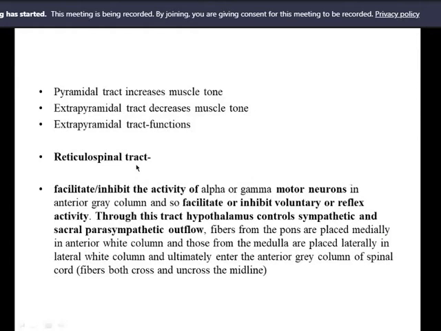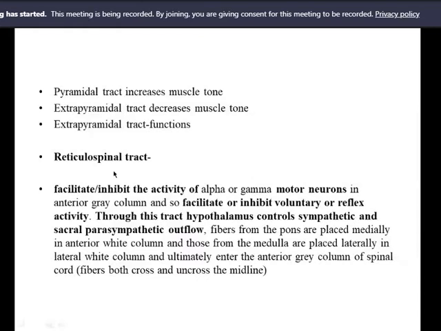So reticulospinal tract comes out from the reticular formation in the brainstem. It is a net-like structure, and mainly reticular formation, if stimulated, then the person cannot sleep. So when there is pain, at that time the pain fibers, the sensitive fibers, stimulate the reticular formation also.